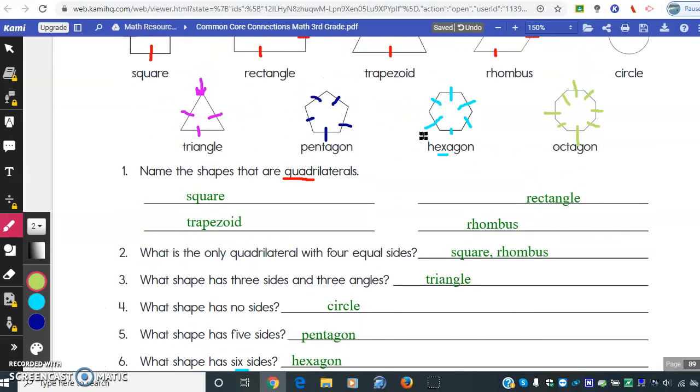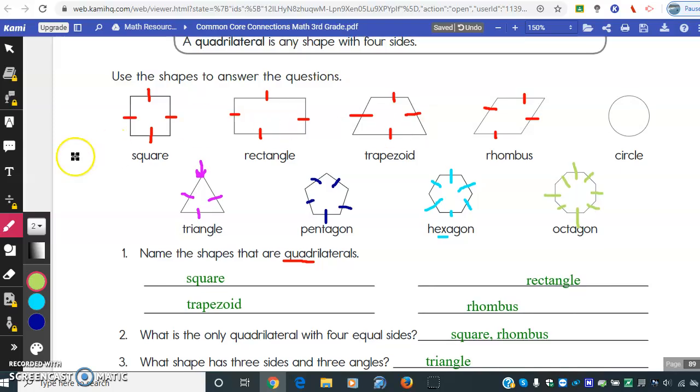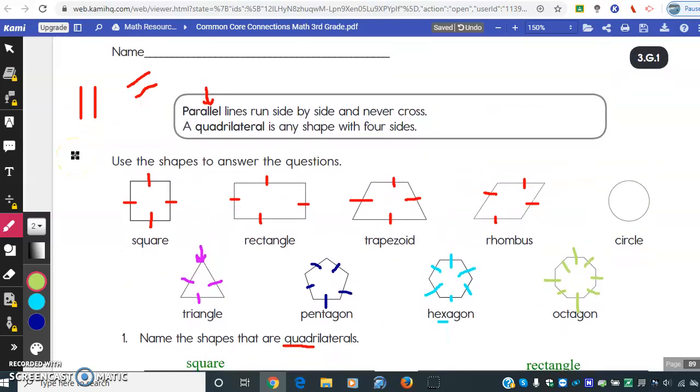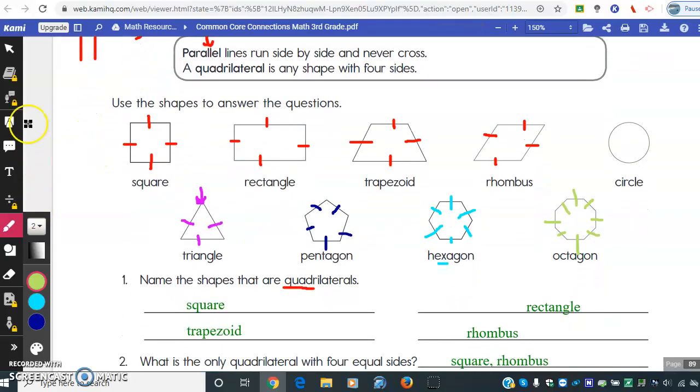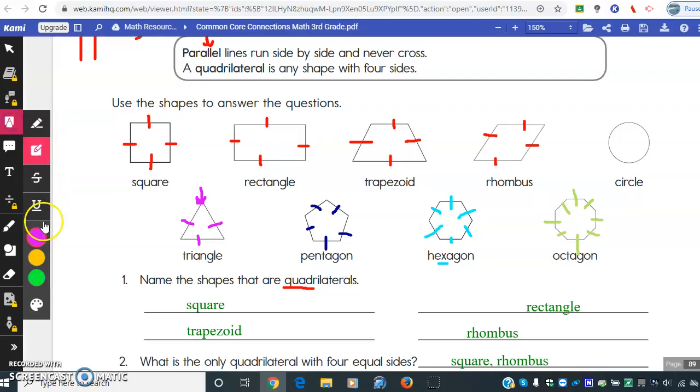So let's come up here. When I look for parallel sides, I'm looking for sides that run the same direction and that won't cross. So if I look, let's use my highlighter.